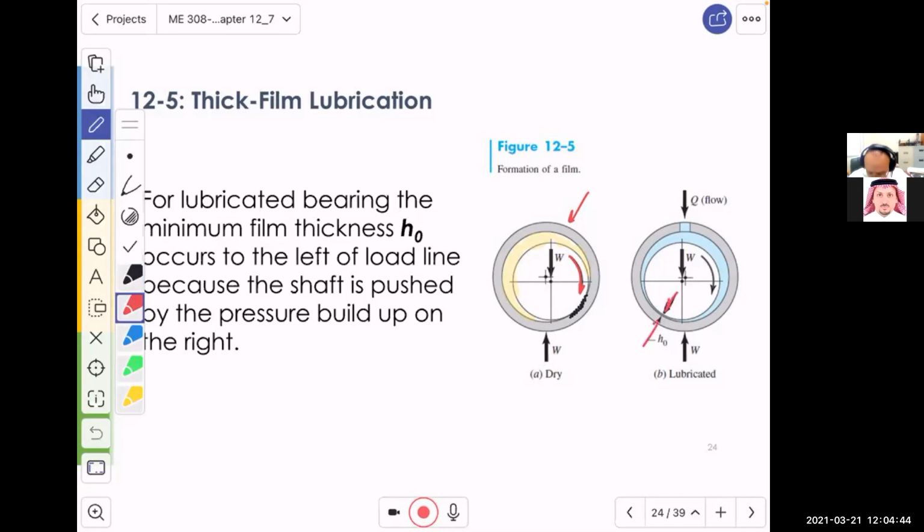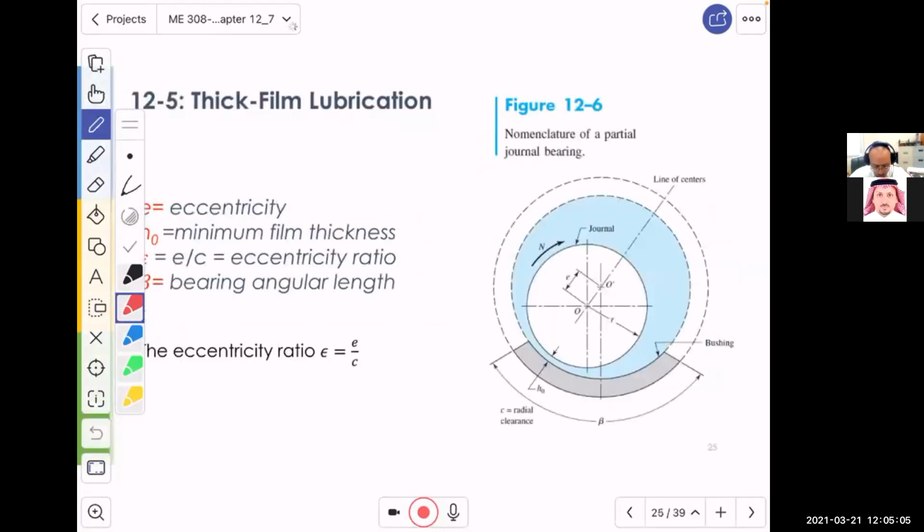So in reality, the journal is going to move down and then slightly to the left, which means, in a general way, this is the line along which the journal is going to move. You see that?